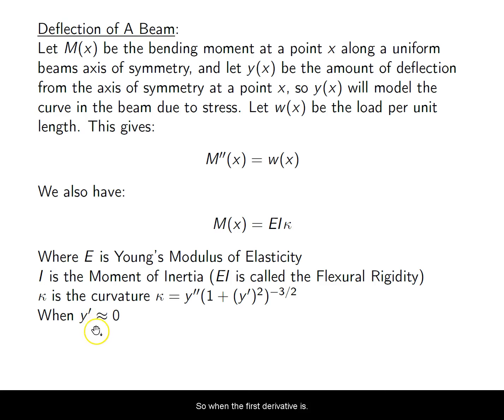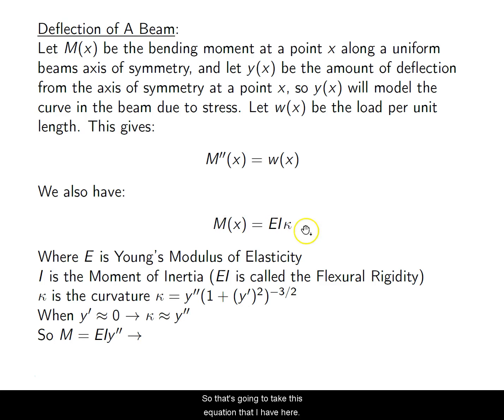So when the first derivative is close to 0, okay, this thing will basically go away, or it's negligible. I'm going to get 1 to some power, which means that my kappa, my curvature, is basically just the y double prime. Okay, so that's our assumption. We're going to assume that the first derivative is basically 0, or close to 0, or negligible.